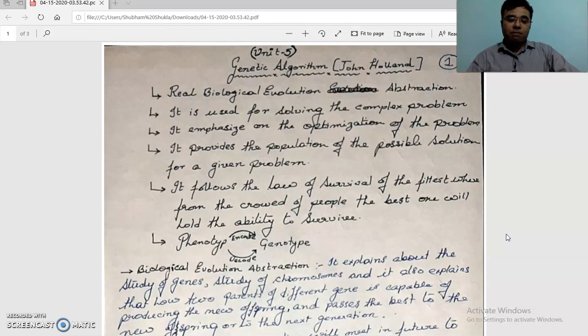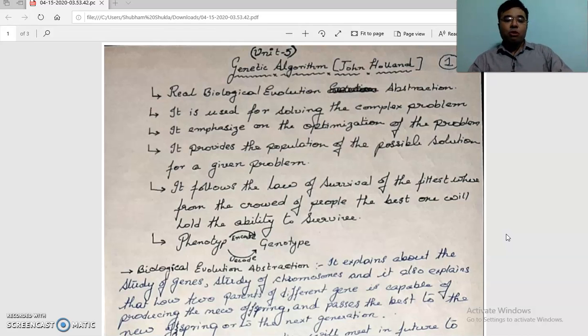From the crowd of people, the best one will hold the ability to survive. What Charles Darwin once said is that if there is a population, then amongst that population the only one who is going to survive will be the fittest one, right?